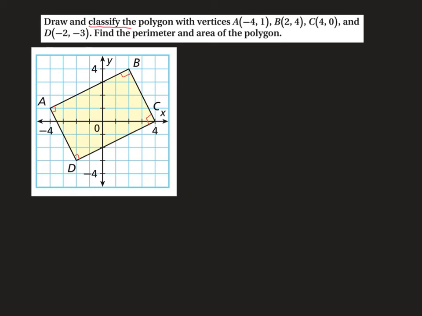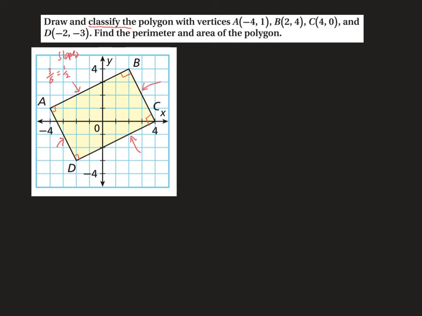Okay, so then I'm going to calculate the slope for each of these. The slope of this one here on the left goes up 3 and over 6. So the slope of that will be 3/6, which we can simplify to 1/2.